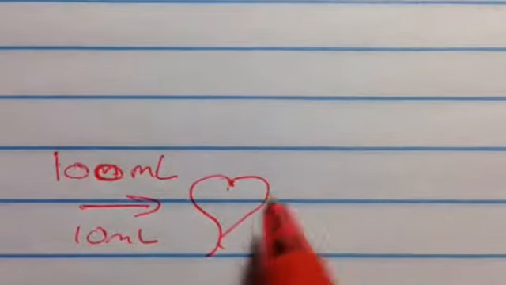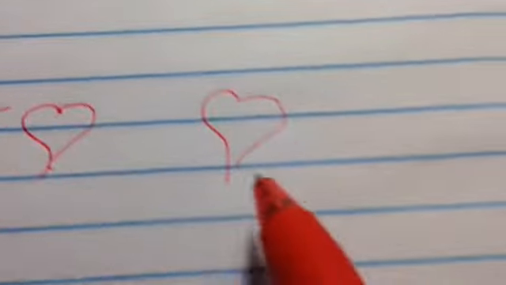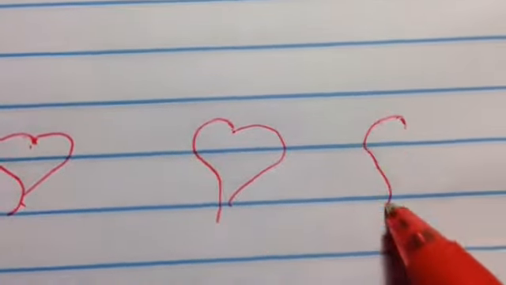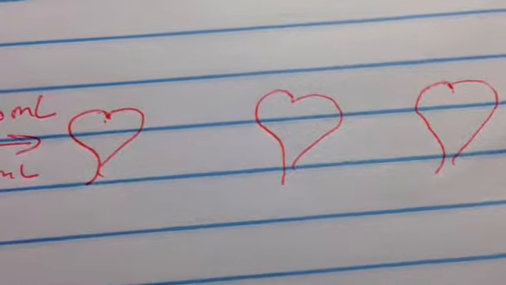The more blood that comes back, the more the heart will expand. The greater the heart's volume gets bigger. So the more blood returning to the heart, the more blood can be pumped out.